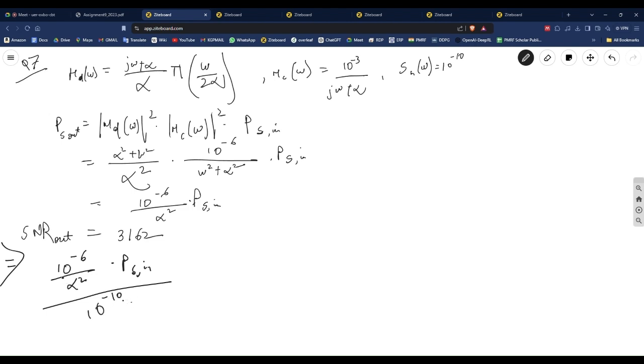So the signal power is 10 to the power minus 6 by alpha squared into PSE, and the noise power will be the power spectral density of noise into bandwidth. The bandwidth is 2 alpha, that is 2 into alpha. So right now we will keep it as alpha. This will be 3162.